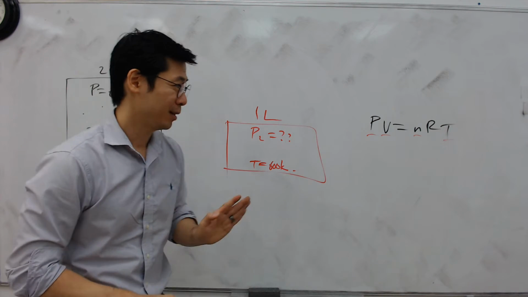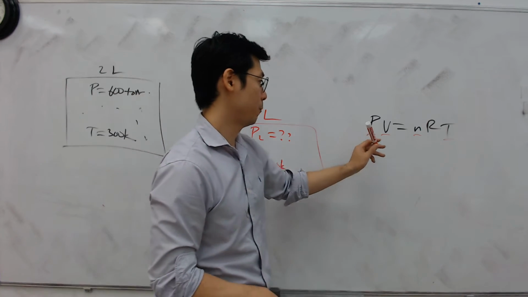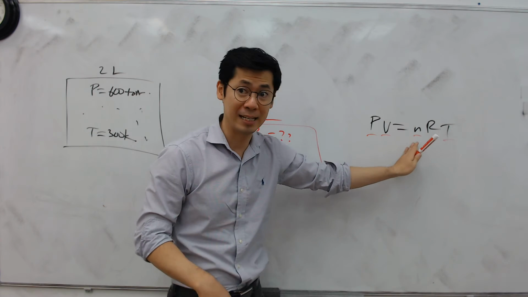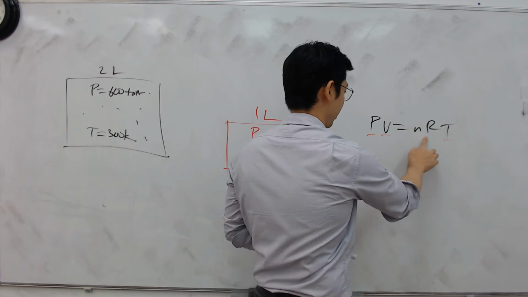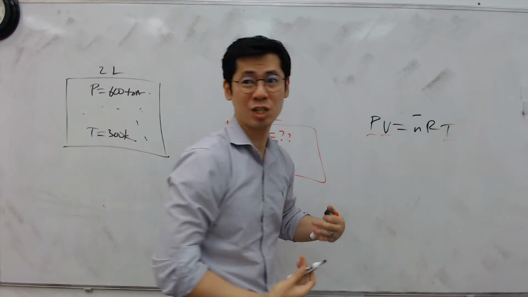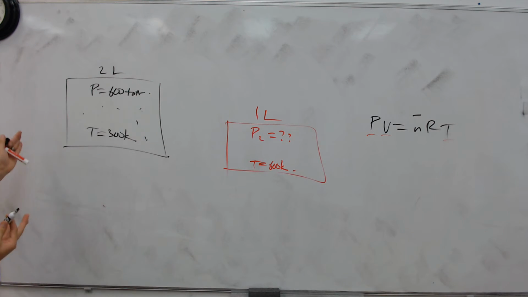Pressure, volume, and temperature are changing, and there's nothing said about number of moles of gas, which means this is not changing, unless they say we added more gas. That's a given.